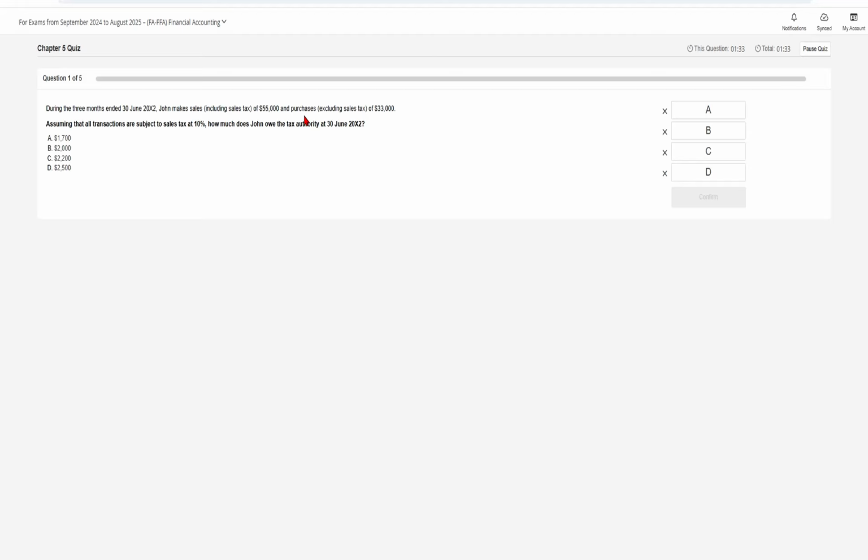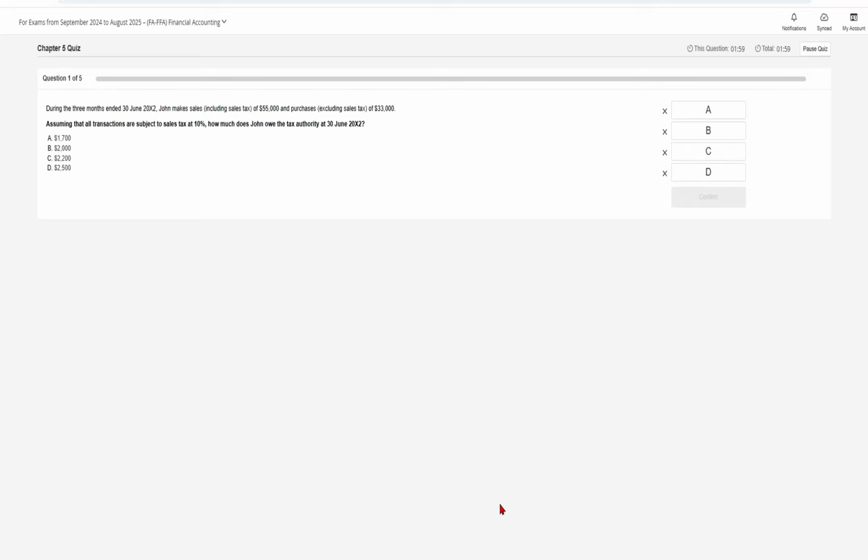Another thing you need to understand is whether it's including or excluding sales tax. It's a huge difference; a small mistake can make the whole calculation go wrong. So that's why it's very important to understand this. I didn't find notes here to solve this question, so let me open Excel and solve it, and I will be back.